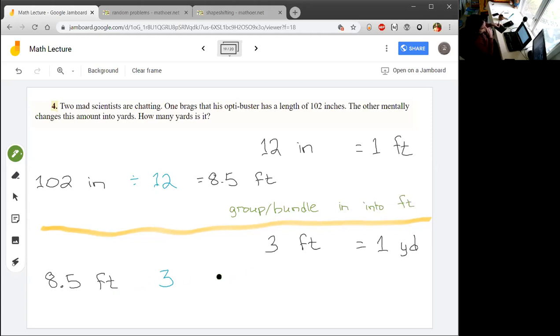Are we going to shatter the feet into yards? Yards are bigger. So we're still grouping, bundling. So we're still dividing.